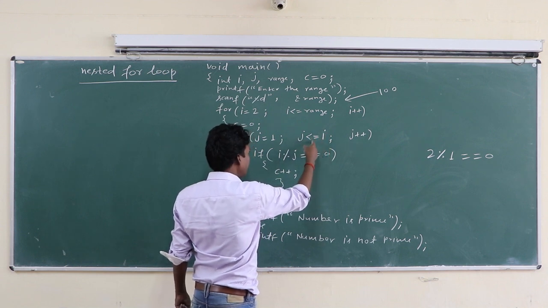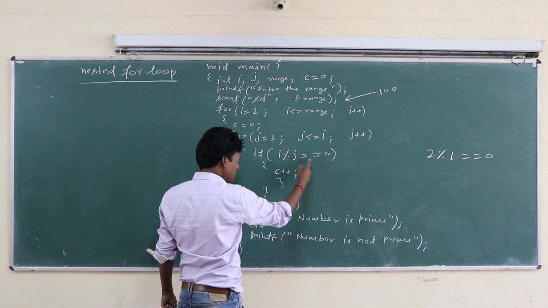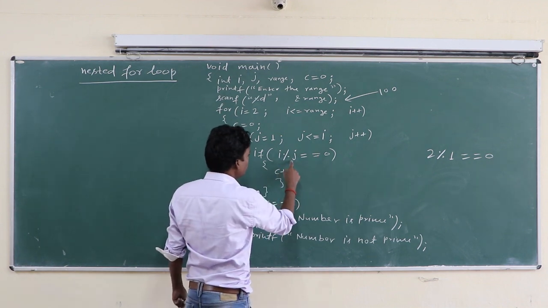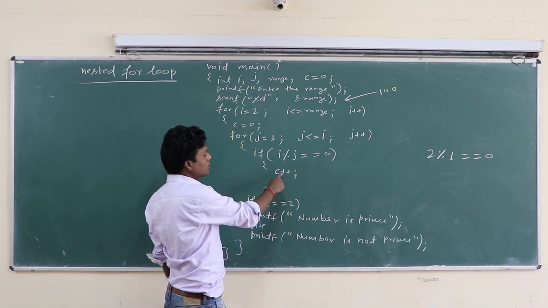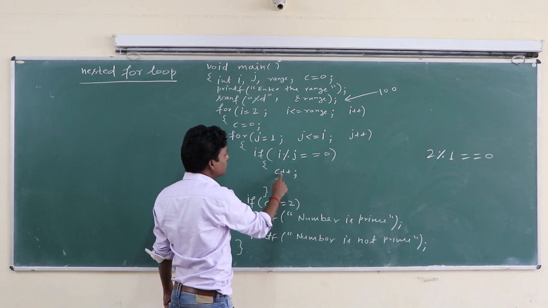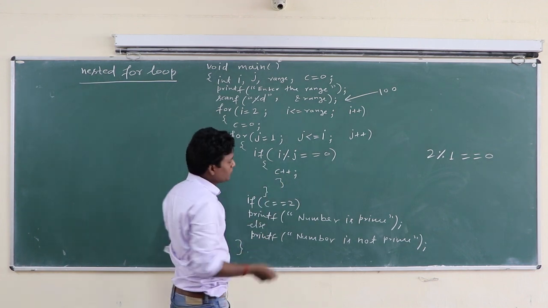So this condition is again true, and control goes there. 2 modulus 2 is 0, yes. 2 modulus 2 is divisible, 0 remainder, 0 equal to 0, yes. c plus plus: the counter variable c is incremented again, so c now has the value 2.